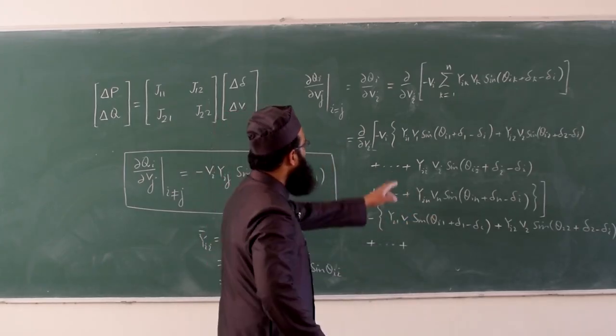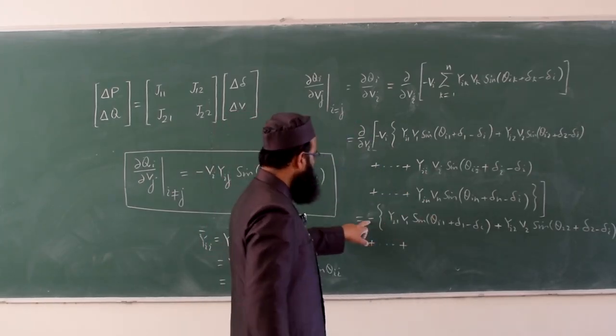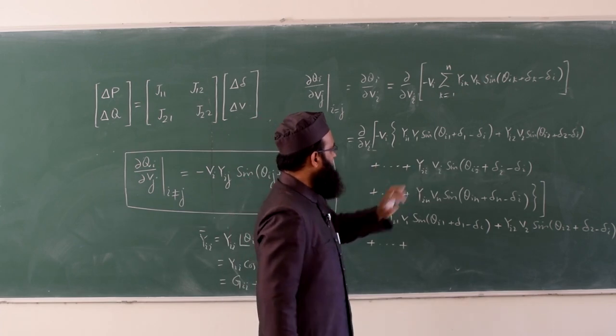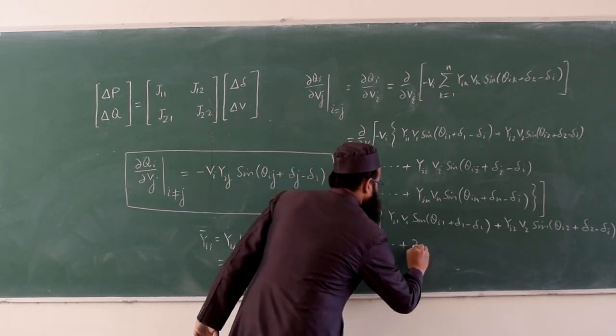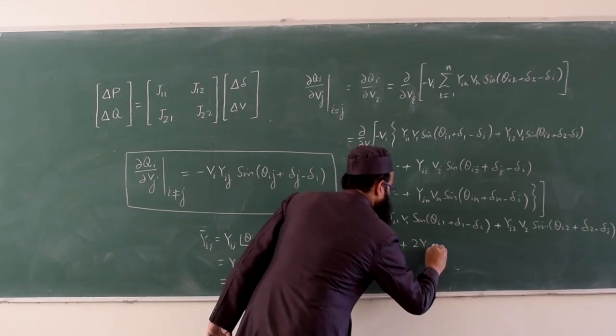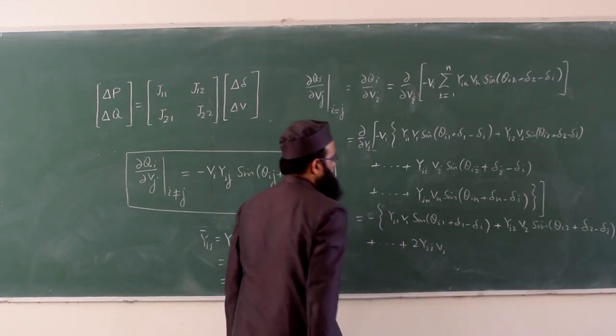For the ith term, we have Vi here, minus sign is already taken outside. So, Vi square, so that will be twice of Yii Vi square.